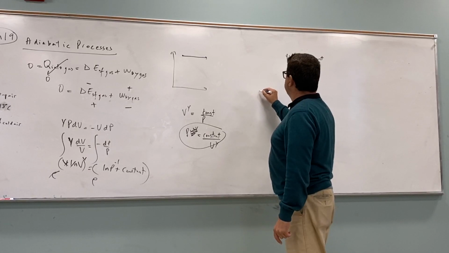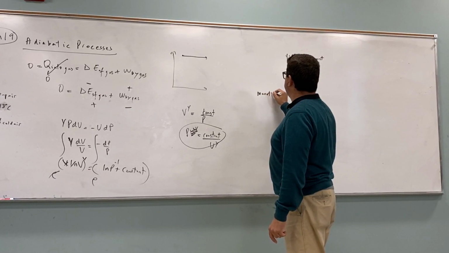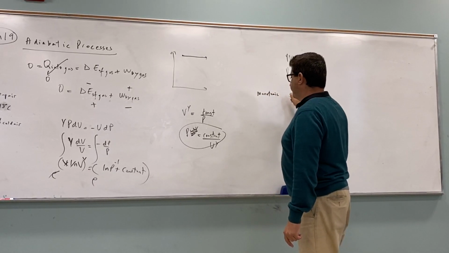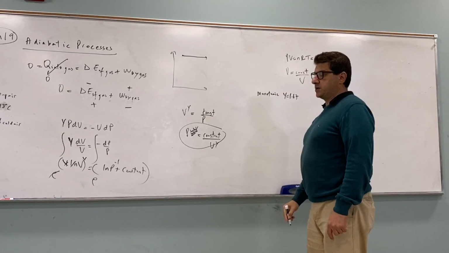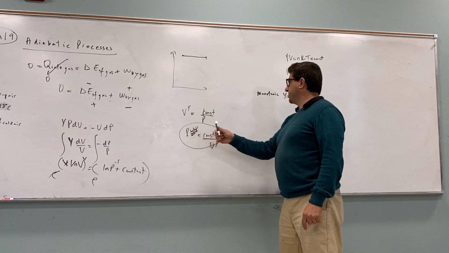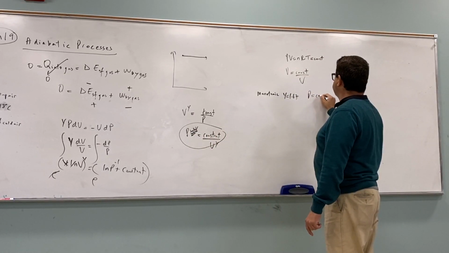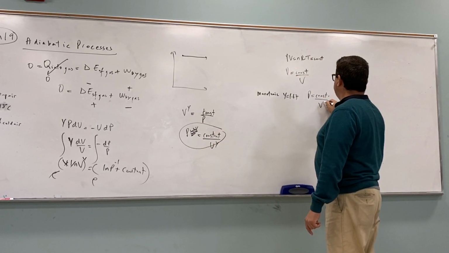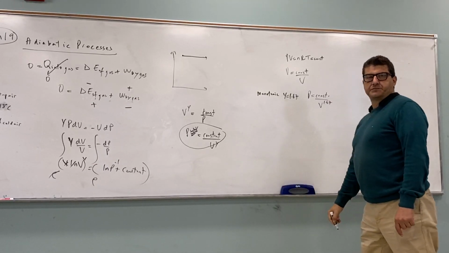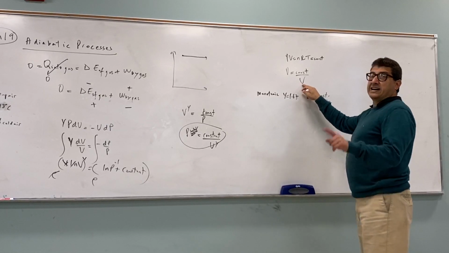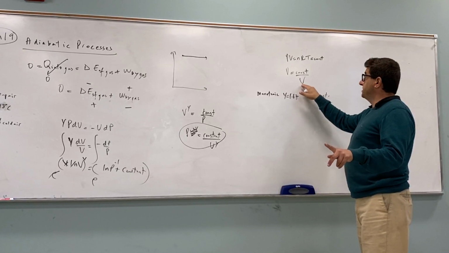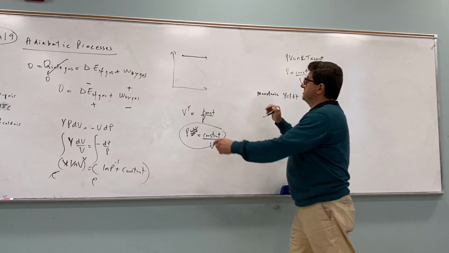Let's say it's a monatomic gas and gamma is 1.67, right? So then the pressure would be equal to what? Constant over V to the 1.67, right? So if the volume doubles in an isothermal process, the pressure is halved, okay?